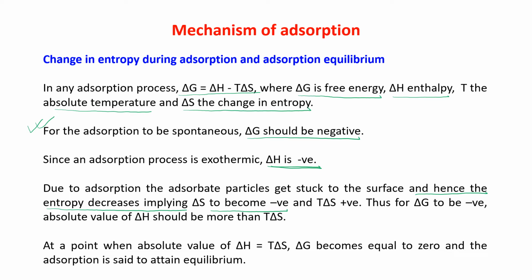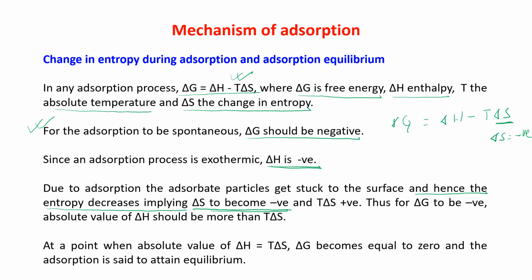Okay. And the formula is delta G is equal to delta H minus T delta S. And I am saying that delta S is negative. So naturally T delta S is positive, because the formula has a minus sign, and if delta S is negative, this minus minus will make T delta S positive.